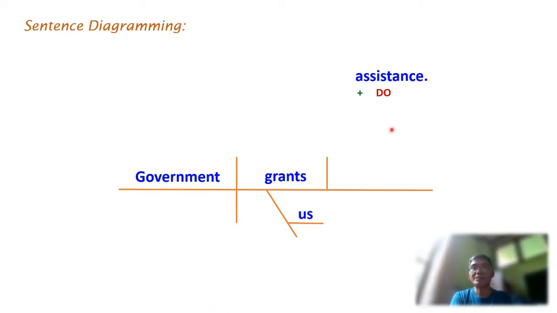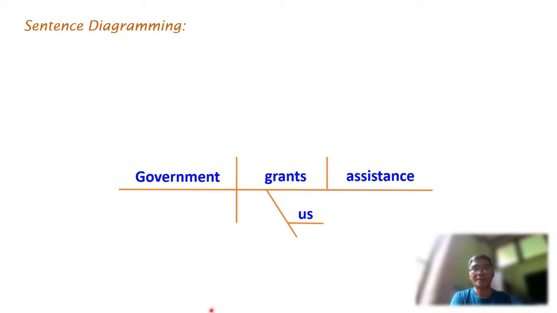The last word is the direct object assistance. This noun receives the action being expressed by the transitive verb grants. So we have to put this direct object right after the short vertical line to show that this noun is used as direct object of the transitive verb grants.